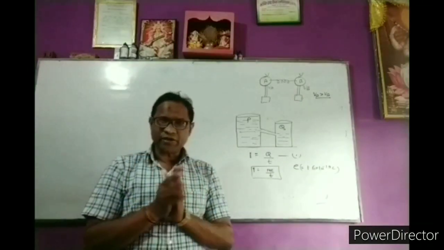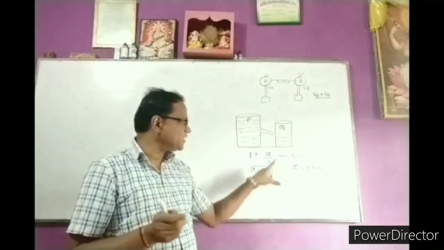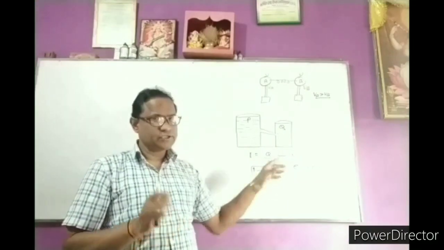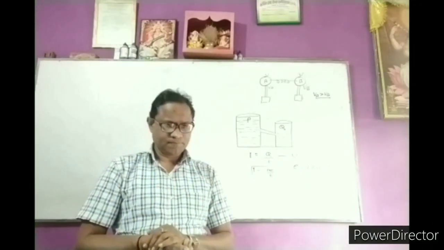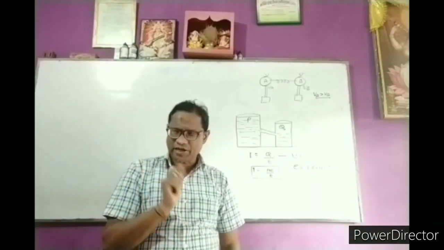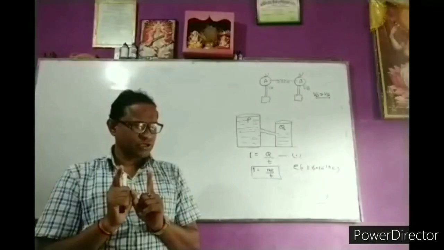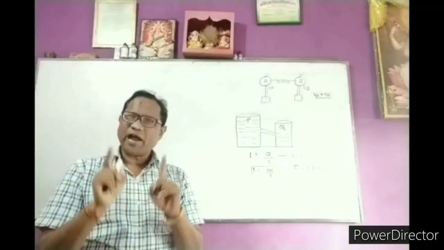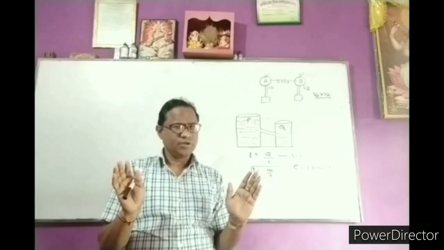So electric current defined by equation 1 is known as steady current. During steady current in a conductor, no charge accumulates at any point in the conductor.